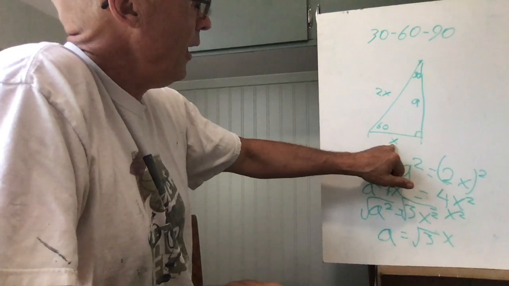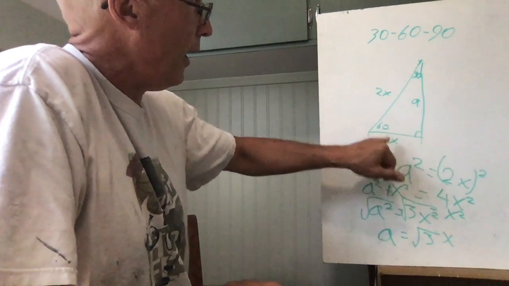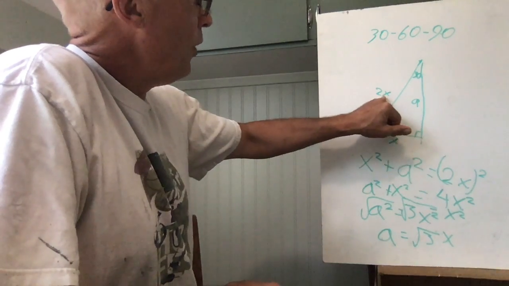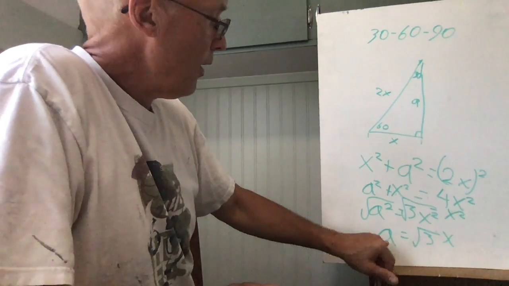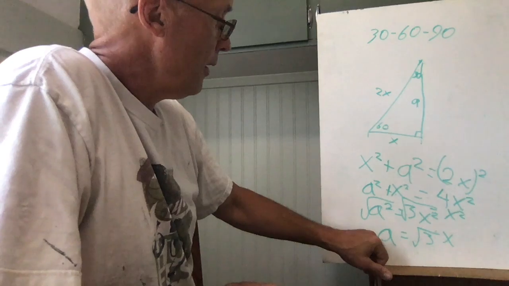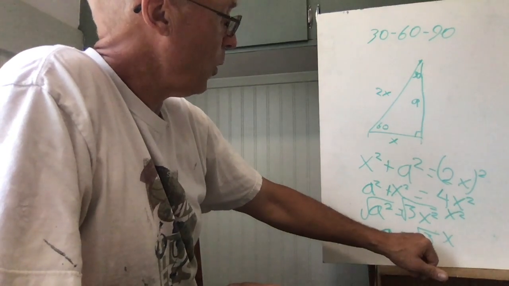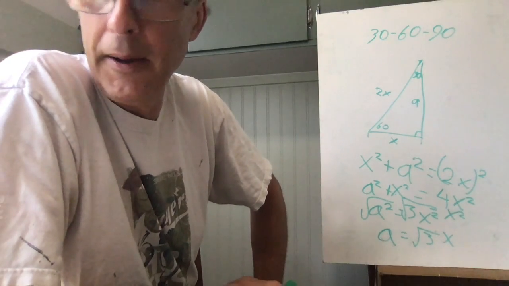Here's our shorter leg. This hypotenuse is going to be twice as long as that shorter leg. And what's the relationship here? The relationship is the longer leg is going to be square root of 3 times the shorter leg. Okay?